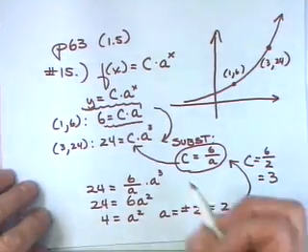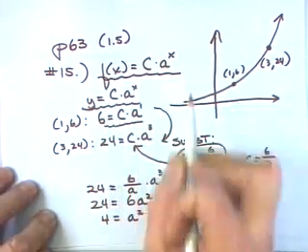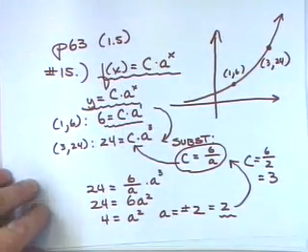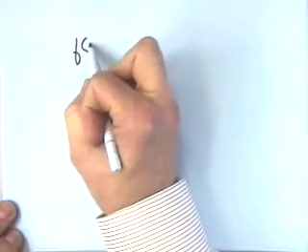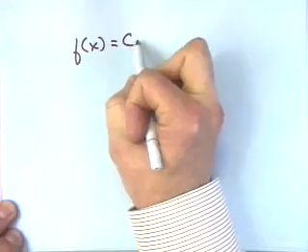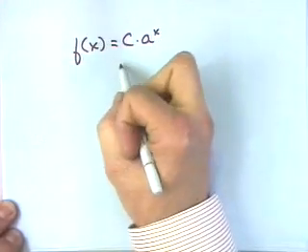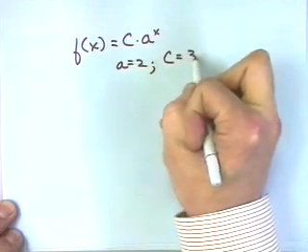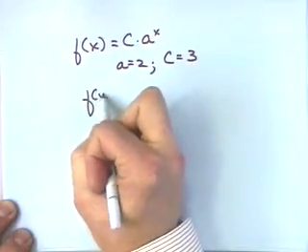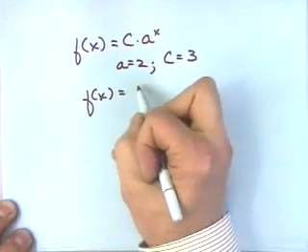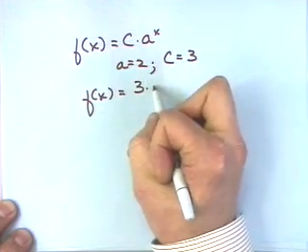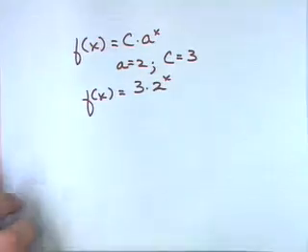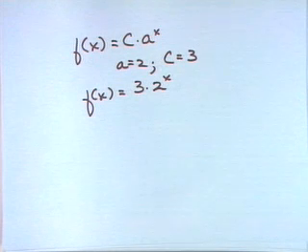So if we come back and put our equation in this form, f of x equals c times a to the x, we found out that a is 2. We found out that c is 3. Does that seem to work?